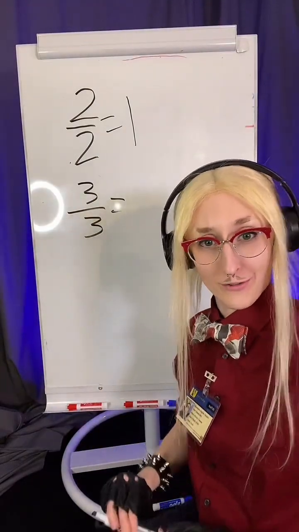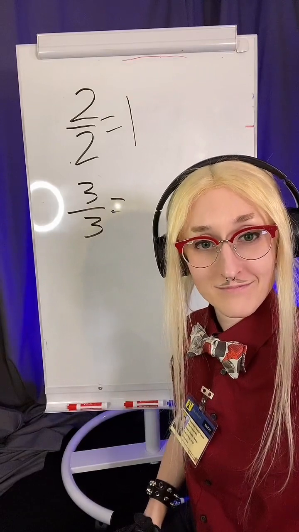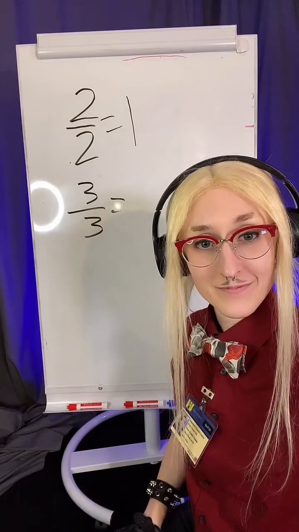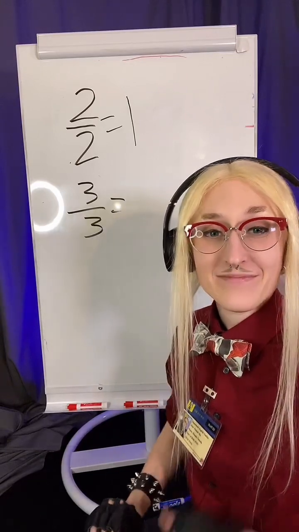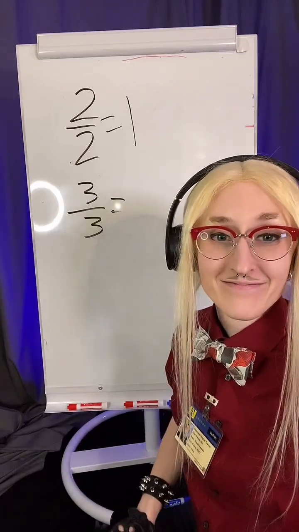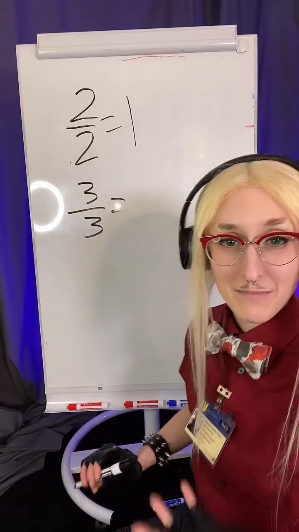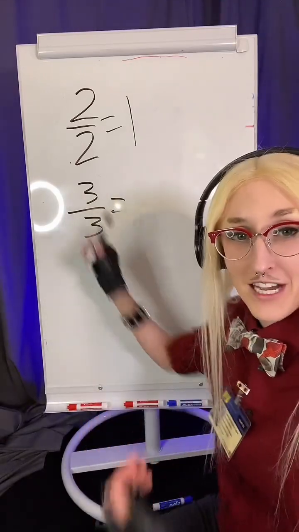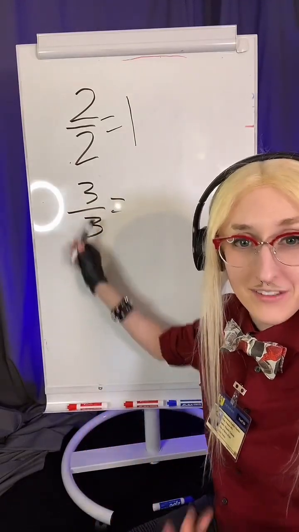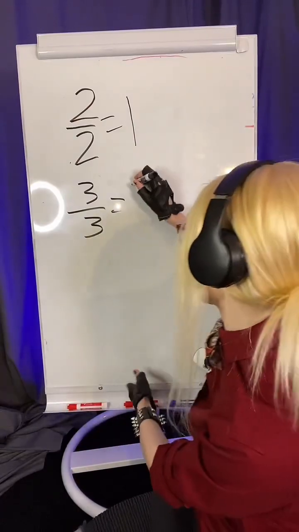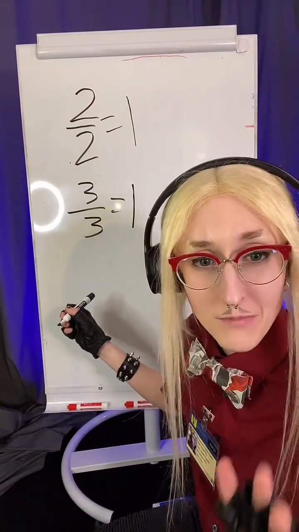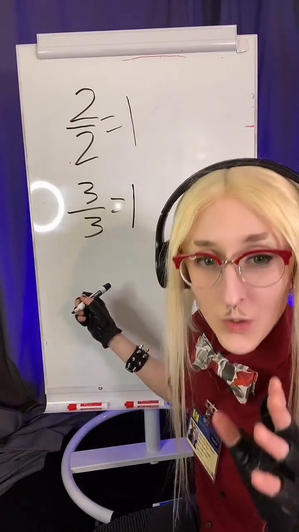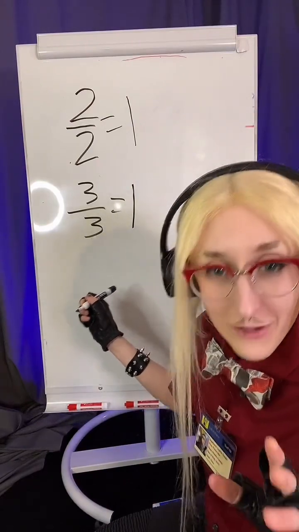What's 3 over 3? It's 1. Right? 3 divided by 3 is 1. If you've got 3 things and 3 people, each person gets 1. All right. You're a smart group. So we'll make it a little harder.